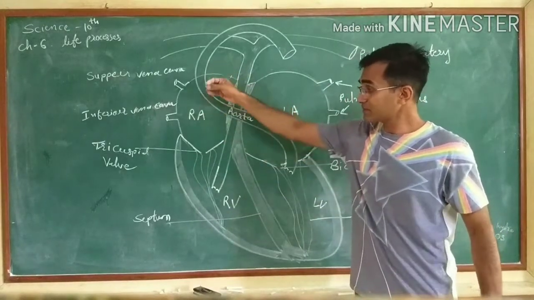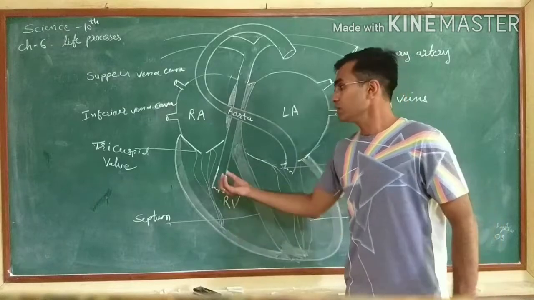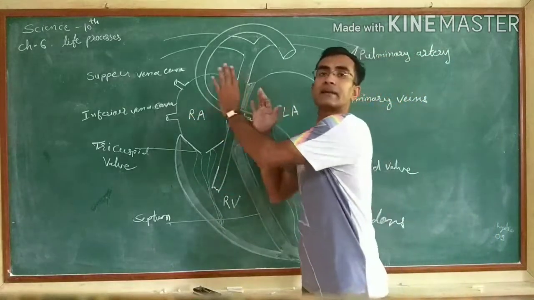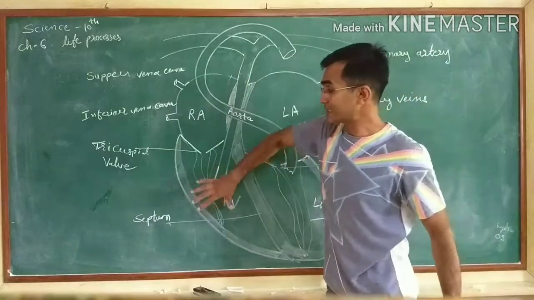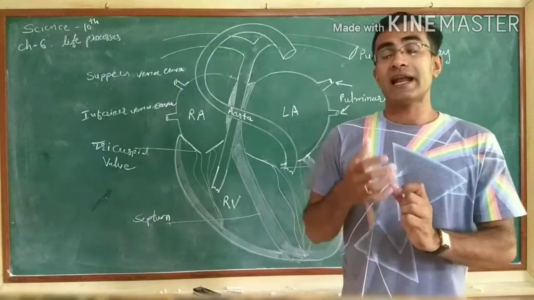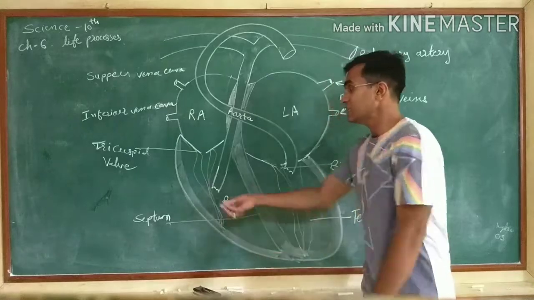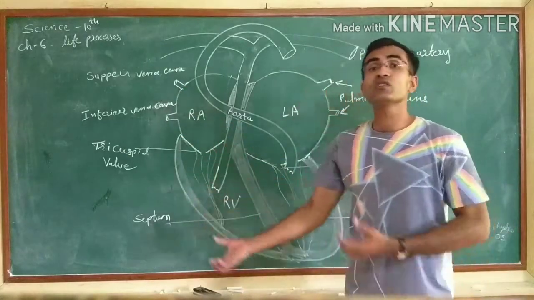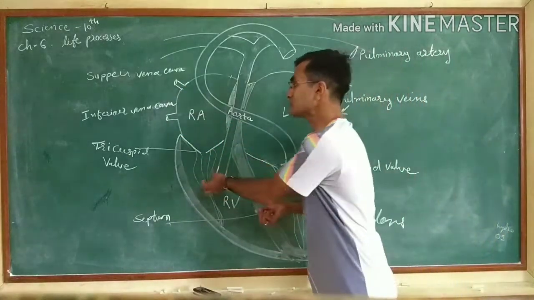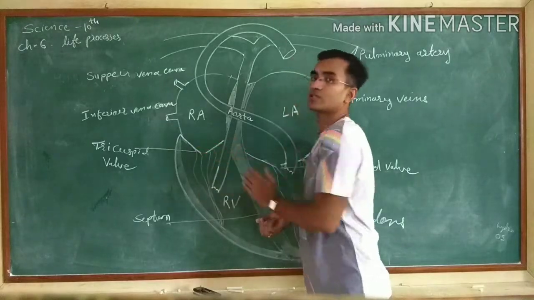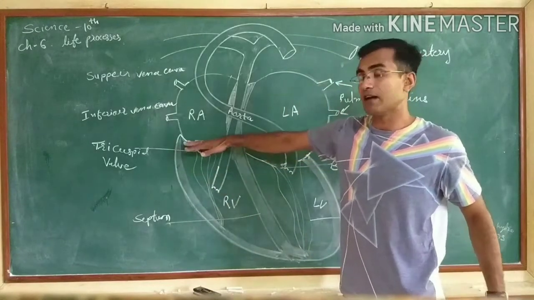So the blood which is now present in this compartment is deoxygenated blood. This compartment will get contraction. At this time what happens? When this compartment gets contraction, these tendons will get relaxed. When the tendons get relaxed, they will close the valve, the tricuspid valve.